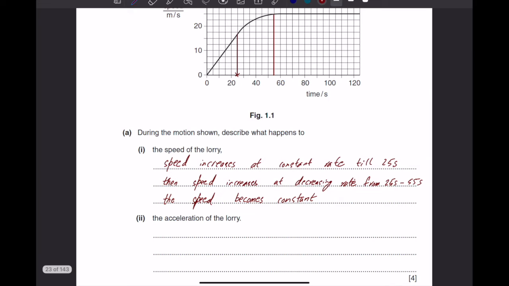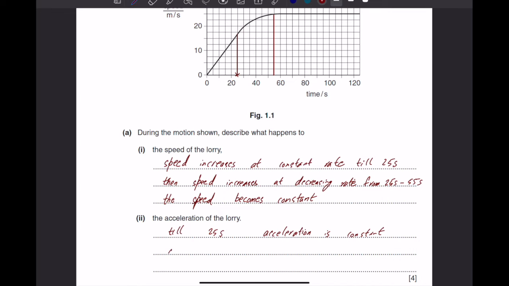For the next question, it says, what happens to the acceleration? Since the speed increases at a constant rate, so till 25 seconds, acceleration is constant.